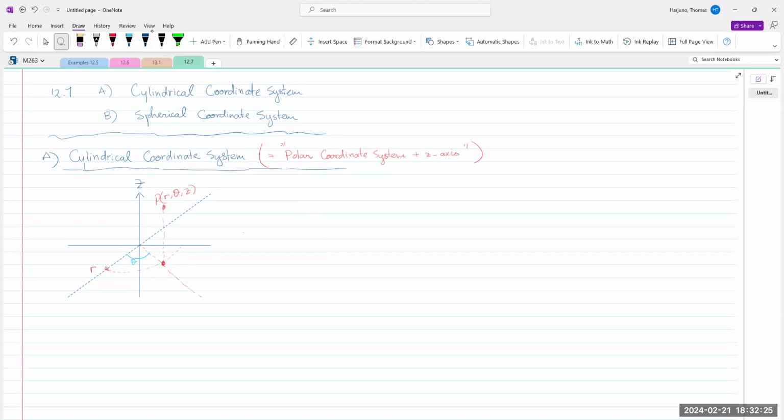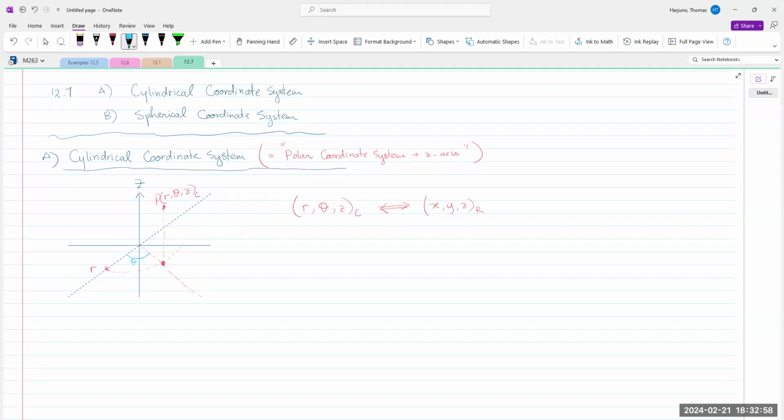In my class, the cylindrical coordinate system will be denoted with subscript C. So r theta z in cylindrical coordinates, we will learn to convert to x, y, z in rectangular coordinates.